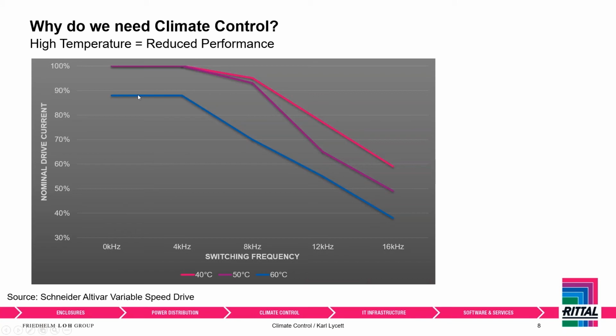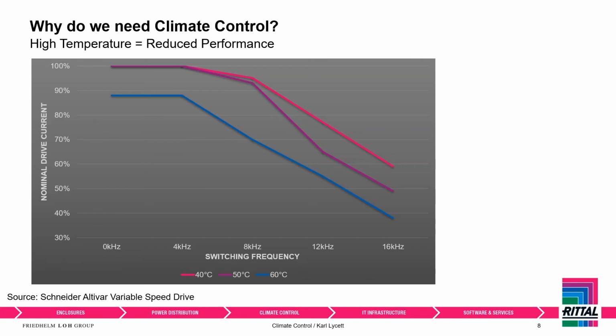The drive starts, at worst case scenario, with 60 degrees C. When we look at 60 degrees C, even at 0 switching frequency, that drive cannot hit 100% output. And as we all know, when you're designing an enclosure or speccing a new drive and buying it from a supplier, you're going to want it to work at 100% at some point. It might be the axis for one of your robot arms or picking machines or some sort of machining center. If it can't work to 100%, you're already hamstrung before you even begin.